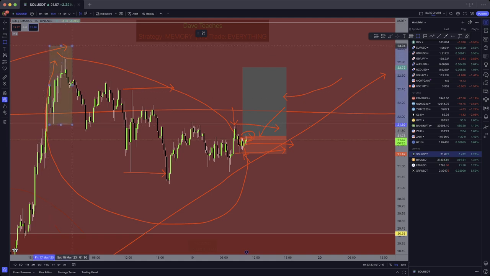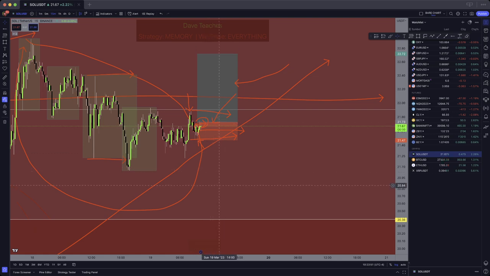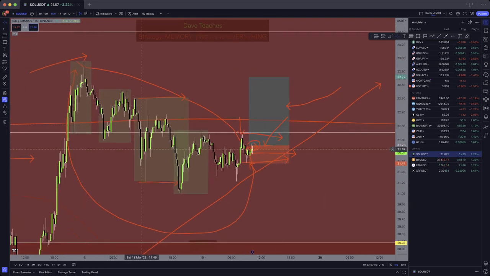If I was like, here's one swing, here's another swing, here's another swing here. Now, if I was anticipating another swing here, if price was to shift down, I have my 3 swings present.